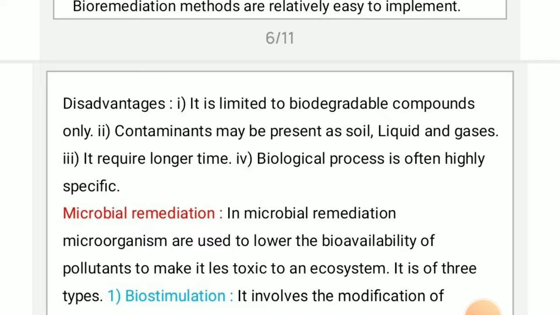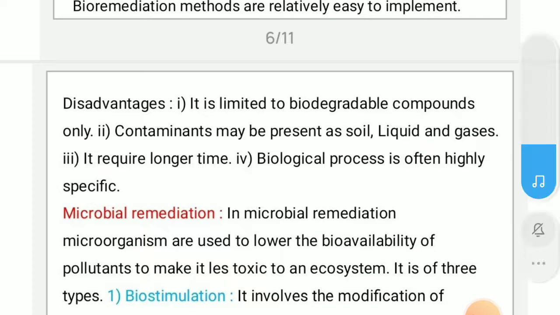First disadvantage: it is limited to biodegradable compounds only. This ex situ or in situ bioremediation is limited to biodegradable compounds.